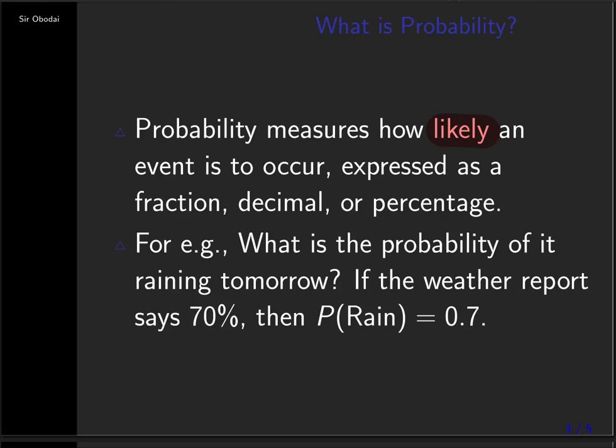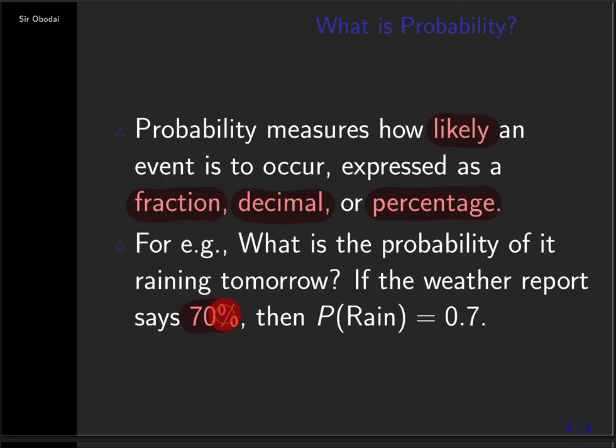And it measures that and gives us the answer in numerical values, which can be either fractions, decimals, or percentage, right? So a practical example is when the weather forecasters tell us that there's a 70% probability that it will rain the next day. They have given it to us in what?